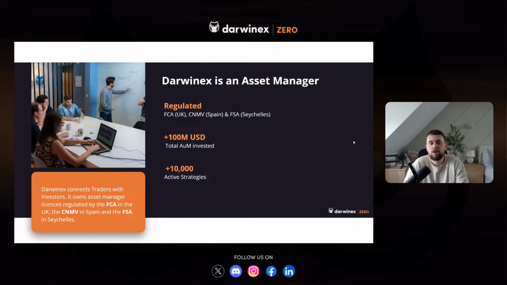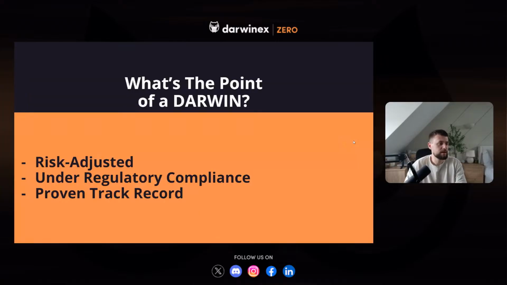We've currently got over 100 million US dollars invested in the platform by third-party capital, outside of anything owned by Darwinex. We also have roughly 10,000 active strategies on the platform. We call them strategies because we have fewer traders; some traders have multiple strategies, with five or six different accounts with us, which is completely fine.